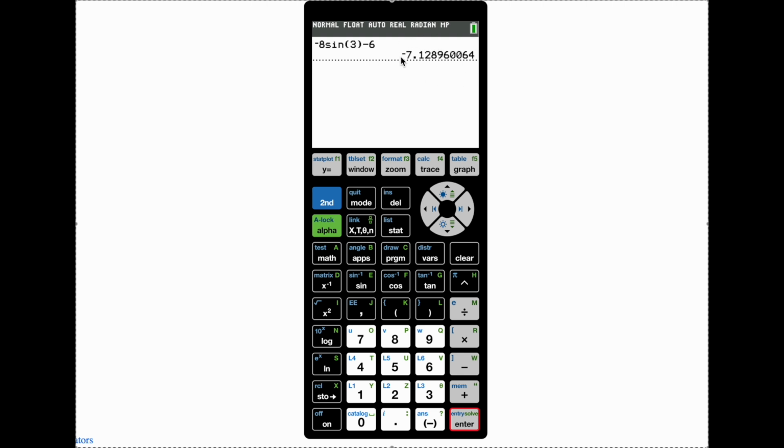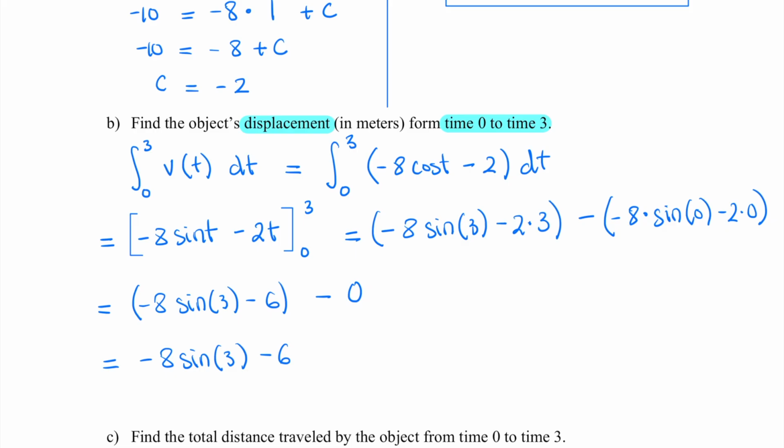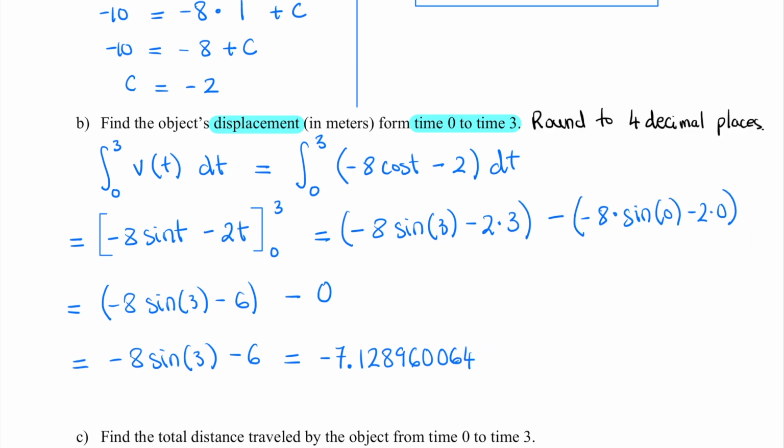This is our answer, negative 7.128960064. And I want to round to 4 decimal places. So my answer is negative 7.1290 meters.